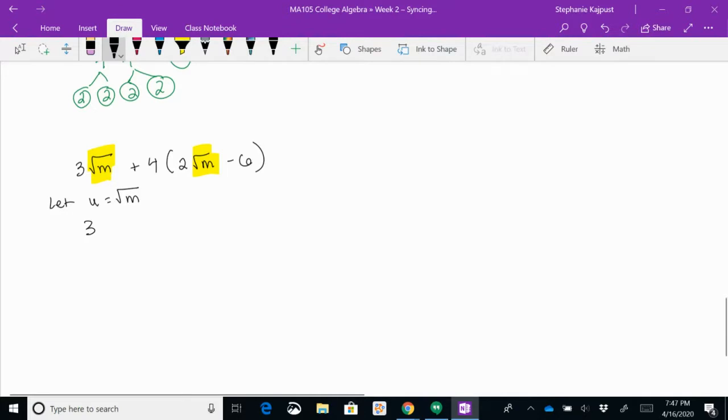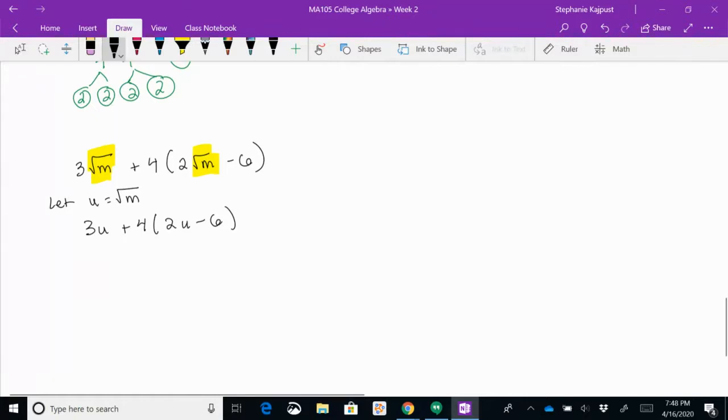You can just temporarily replace that square root of m with a u, if those are confusing you. And usually when people do that, they say, oh, okay, I know how to do this type of problem, because it looks simpler.